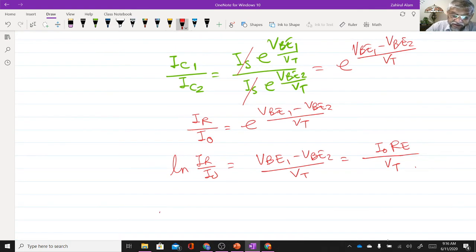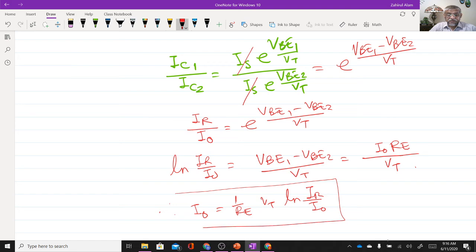So now you see this is very complicated. So I0 is equal to 1 over RE BT ln. So now this is the relation.